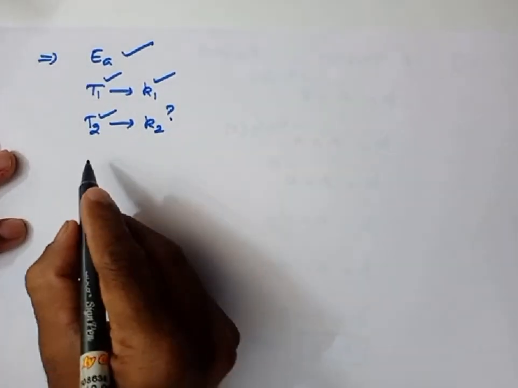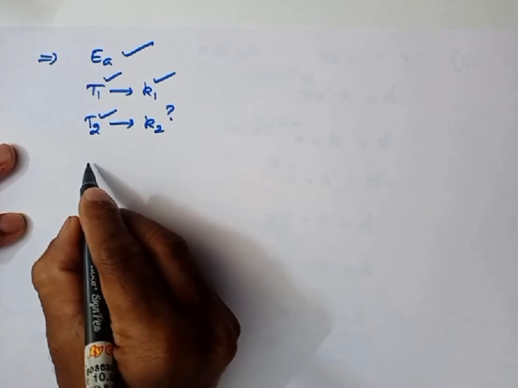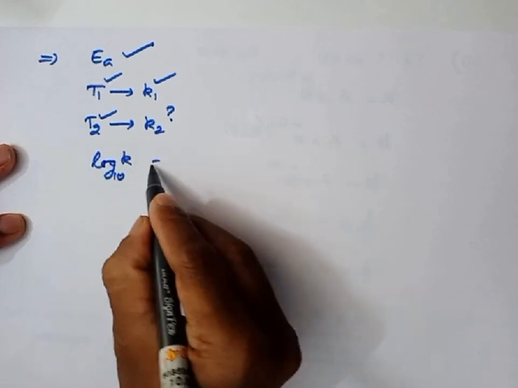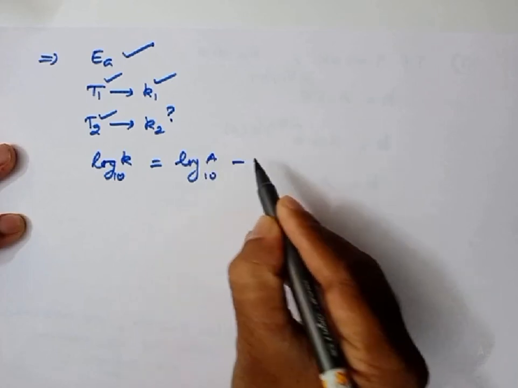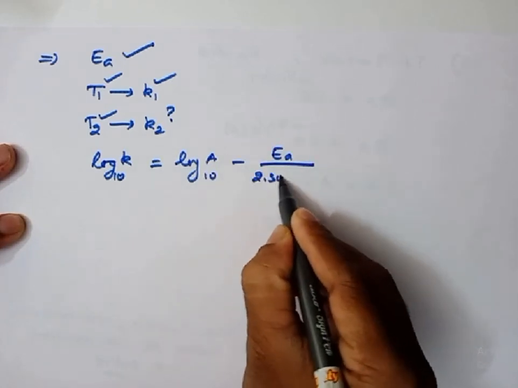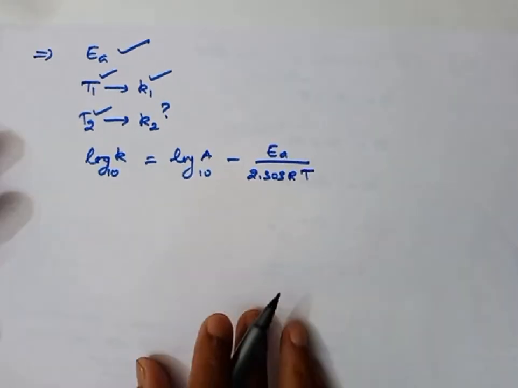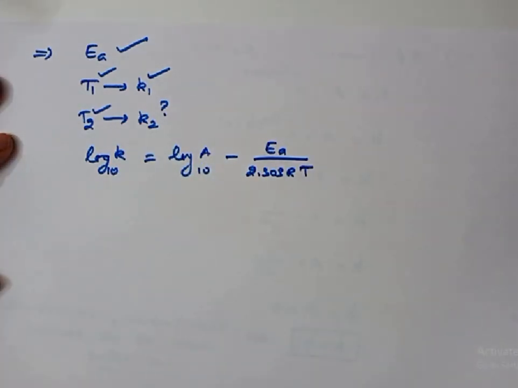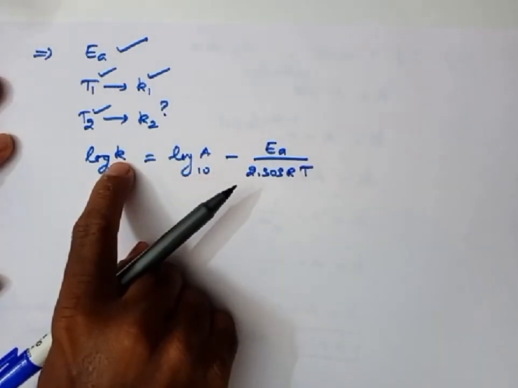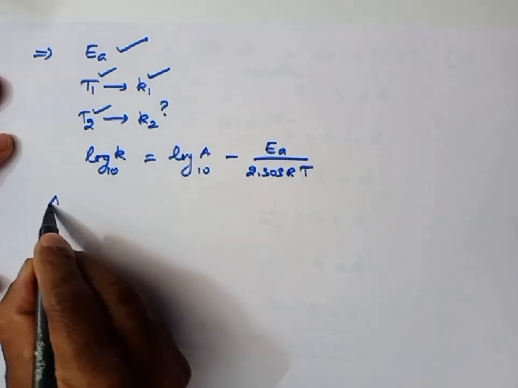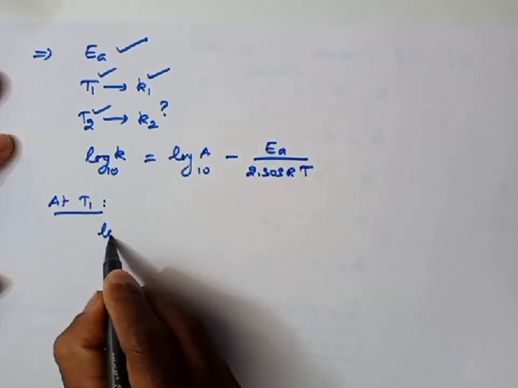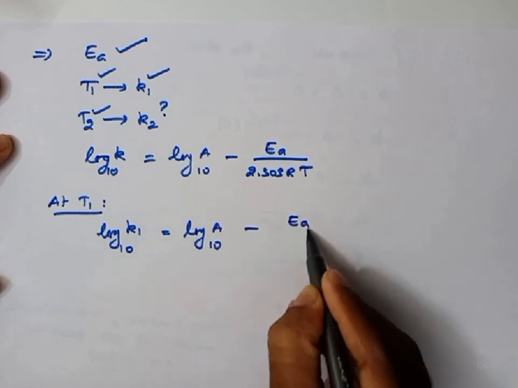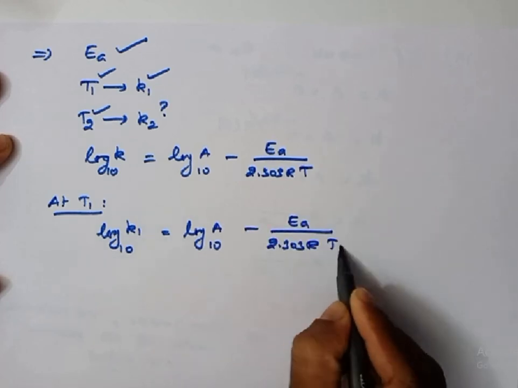How? We can use this expression. This is the Arrhenius equation in log base 10 form: log K equals log A minus EA by 2.303 into R into T. At temperature T1 we put K as K1, so log K1 equals log A minus EA by 2.303 R T1.